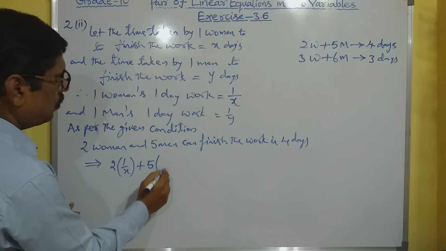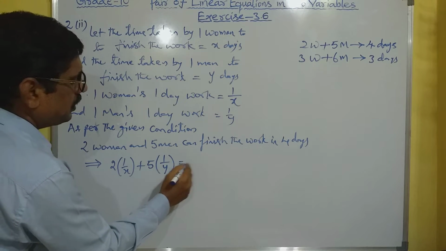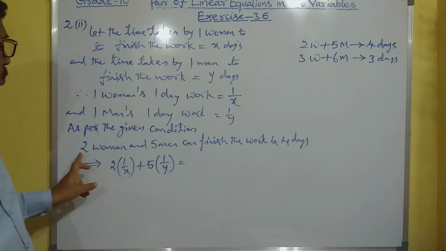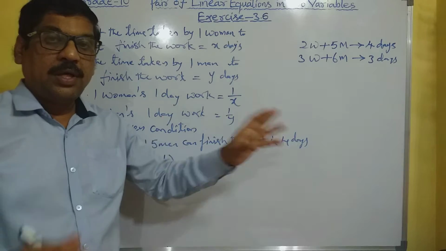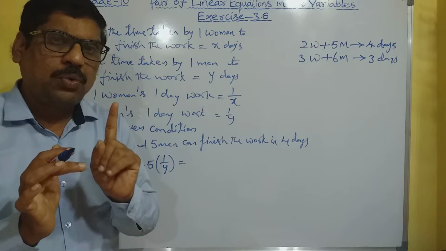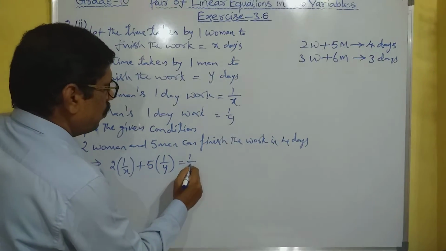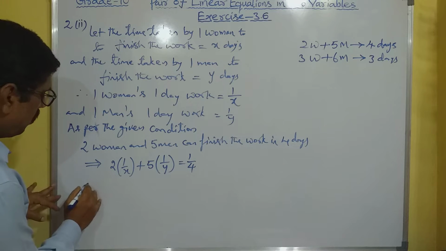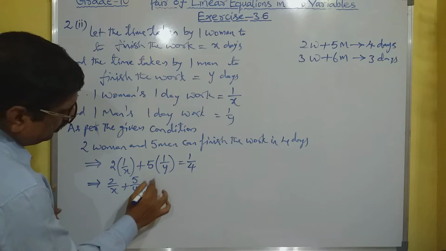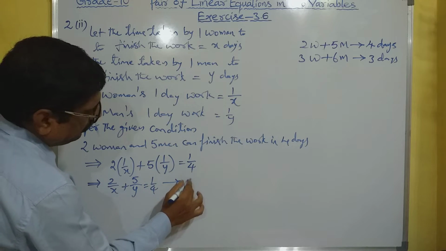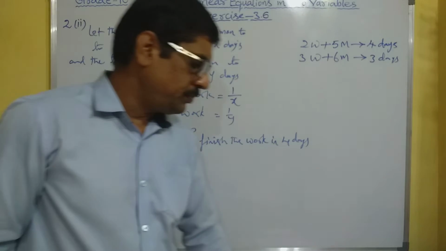So 5 into 1 by y is equal to, here 2 women and 5 men, they could complete the total work in 4 days. Therefore, the part of work they could do in 1 day is 1 by 4. Okay, now let us take it as 2 by x plus 5 by y is equal to 1 by 4. Let us take this as the first equation.